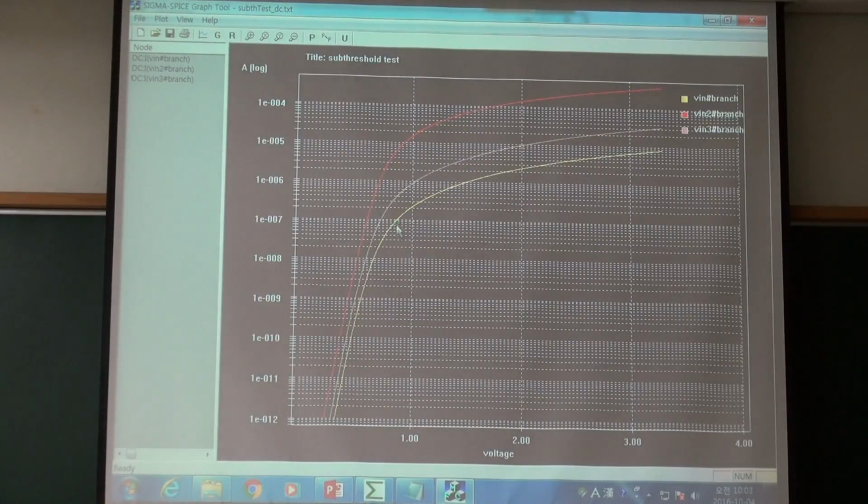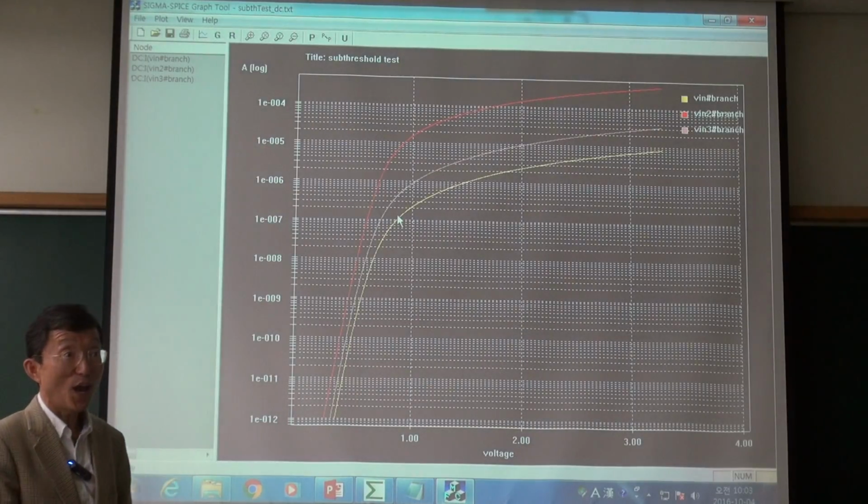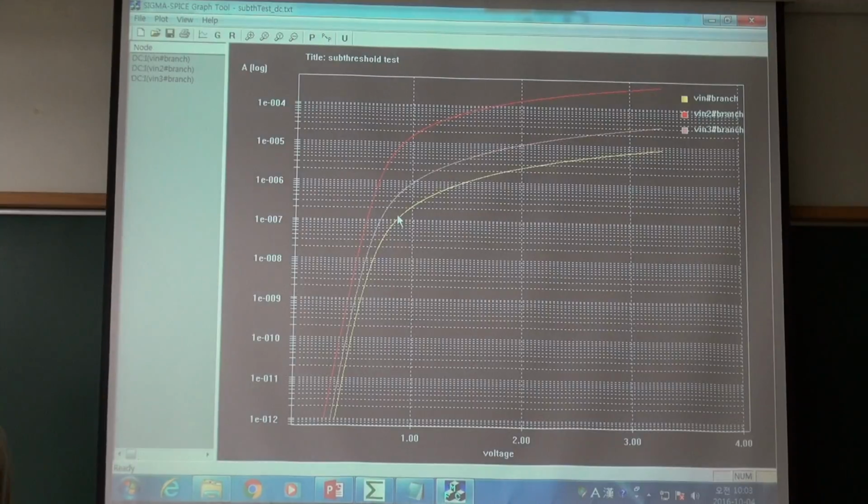For this yellow one, this is 1 by 40, so I can say 1 by 40 works in strong inversion. All right, so I will change all the transistors into 1 by 40 for a strong inversion current source. PMOS is about the same. I did the same thing for the PMOS, with similar sizing.